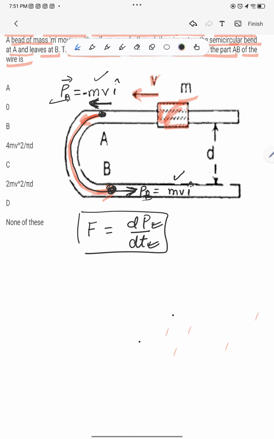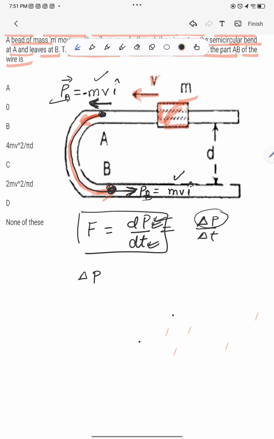Now we have to calculate the change of momentum, delta p. We can write F is equal to dp by dt, or delta p by delta t, where delta p is the change of momentum and delta t is the change of time.